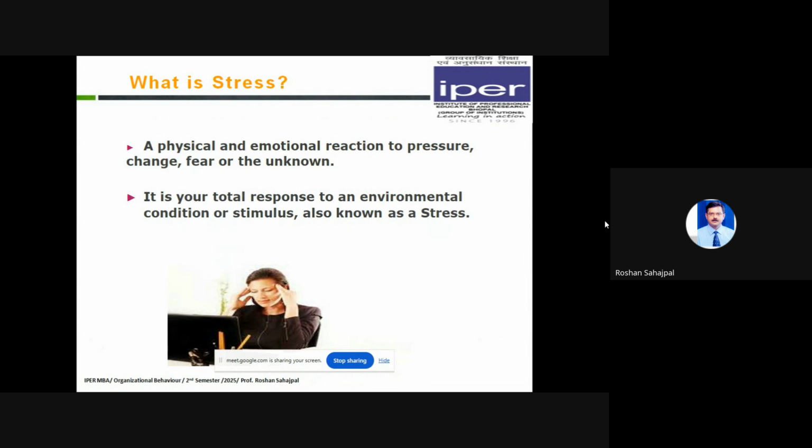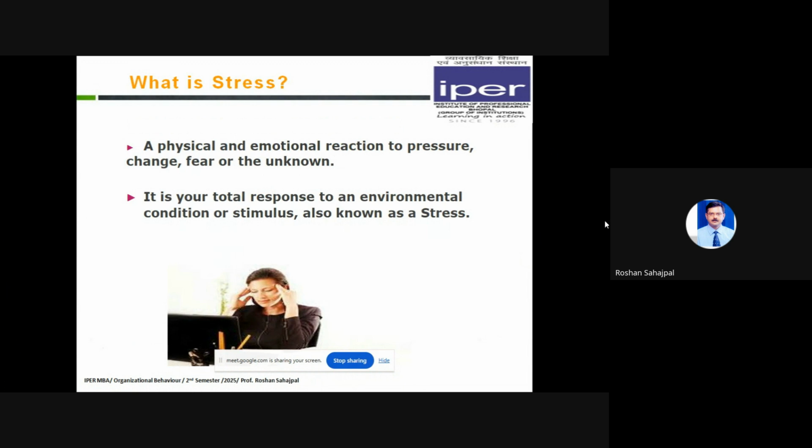So, when a person has a kind of fear and the person is slightly worried about an uncertain future, or there are some changes to which a person cannot physically or emotionally adapt to, and there are job requirements or work pressures, so that has an emotional reaction. So this emotional or physical reaction that the employee feels is called stress.